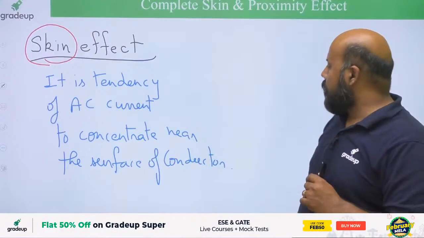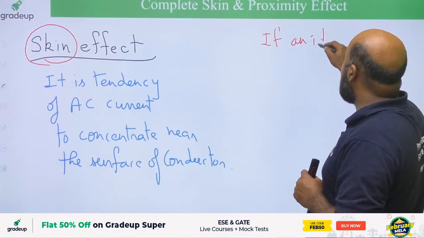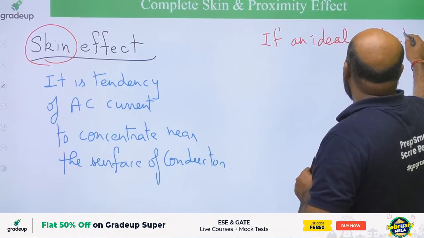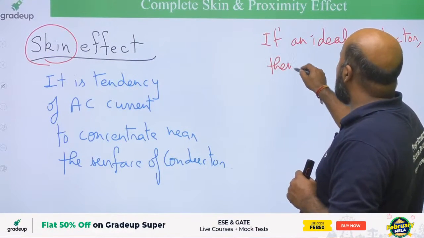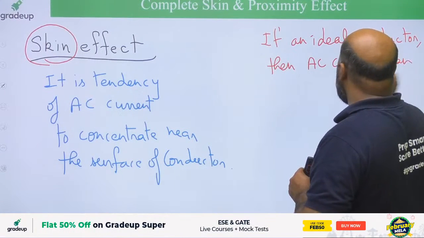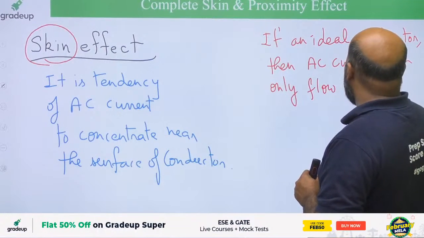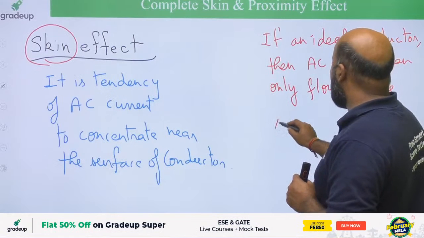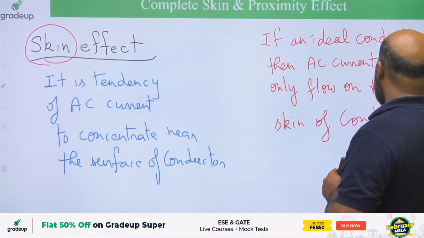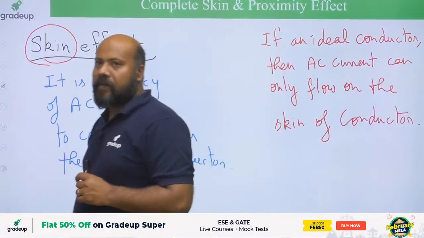The reason, my friend, is that if an ideal conductor is present, then AC current can only flow on the surface, or better we call it the skin, of the conductor, and this is the reason we call this effect the skin effect.